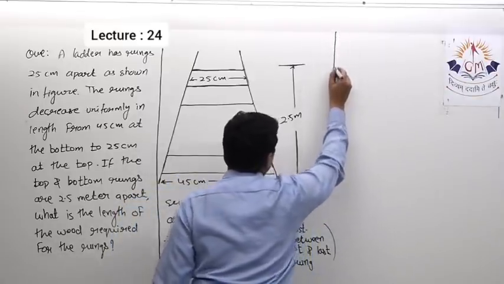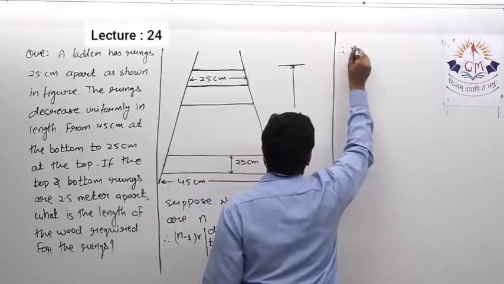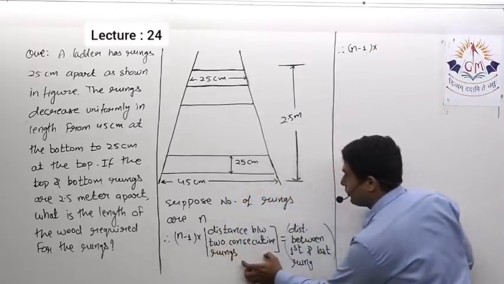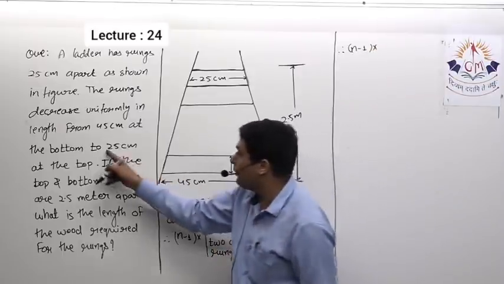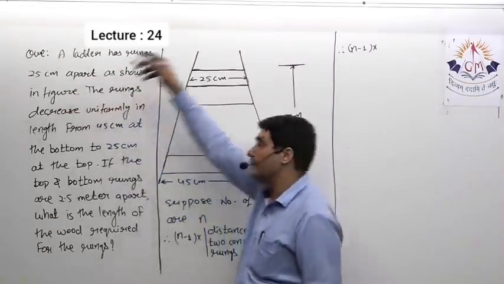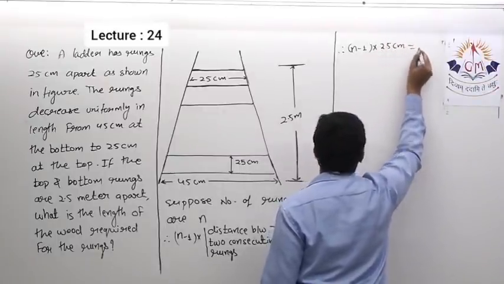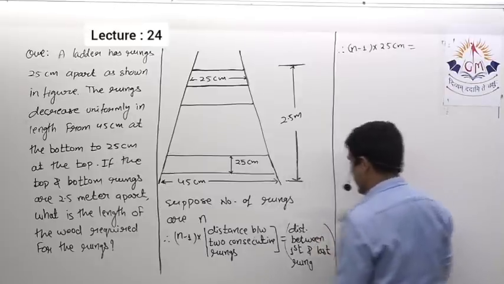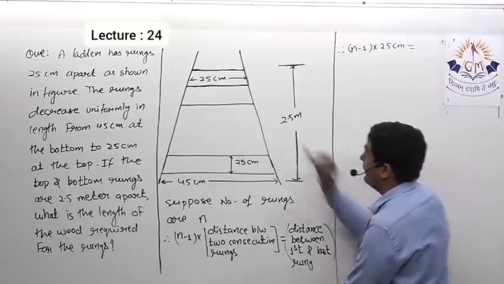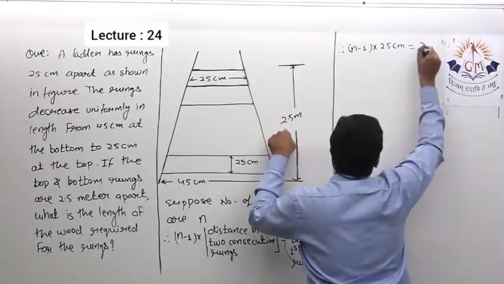So if I solve it further, n minus 1 multiplied by, now what is the distance between two consecutive rungs? It is 25 centimeters, because they are 25 centimeters apart. So here I am writing 25 centimeters is equal to the distance between the first and last rung, that means top and bottom. How much is it? 2.5 meters.